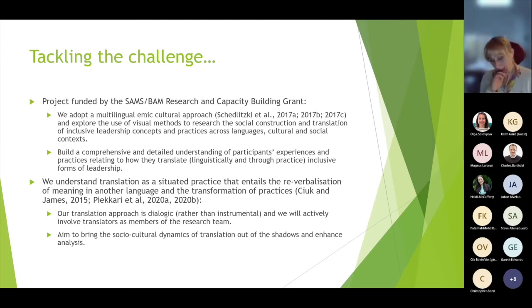And what we're also hoping is that through this extra visual aspect of our data gathering methodology, participants can also say, look, leadership as in this image doesn't have the same meaning for me as it might have for my organization, or inclusivity means XYZ, and that's different to what the organization is trying to build, trying to create, trying to impose.